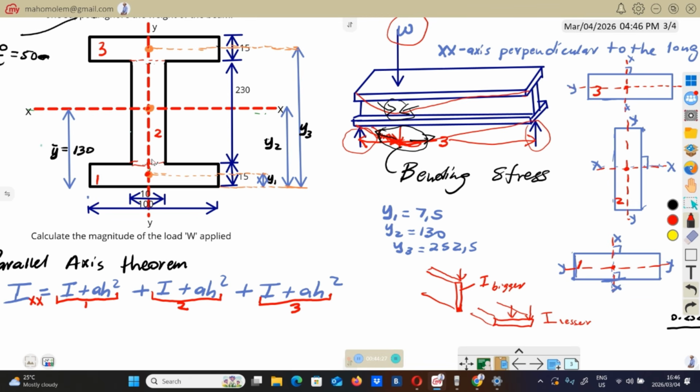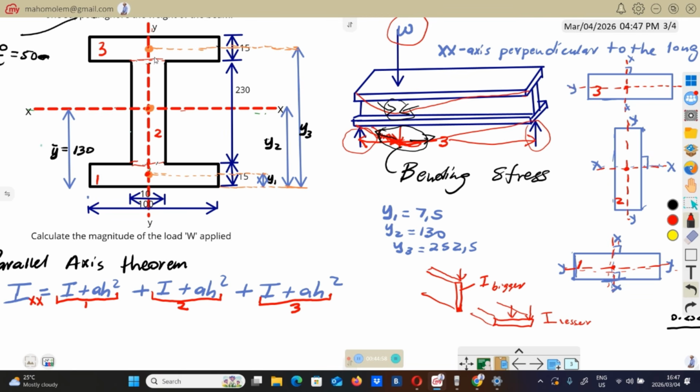Every profile, every section, every box is going to have its own XX and YY. These red ones that we see here are the axes of the composite, or of these three boxes combined.